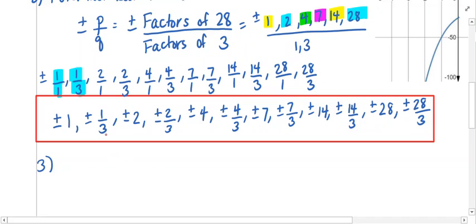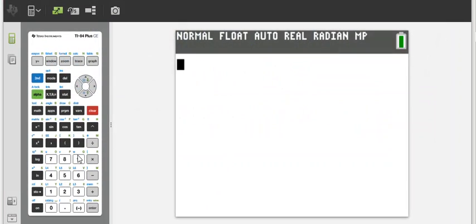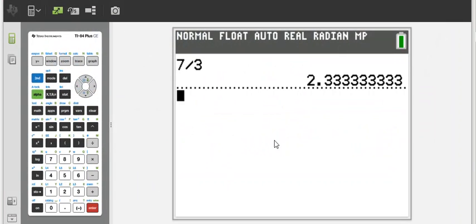1/3 is less than 1, 2/3 is less than 1, 4/3 could be it. Well, no, actually, 4/3 is 1 and 1/3, so it's between 1 and 2. 7/3, let's look at the calculator. If we look at the calculator, 7/3 is going to be between 2 and 3.